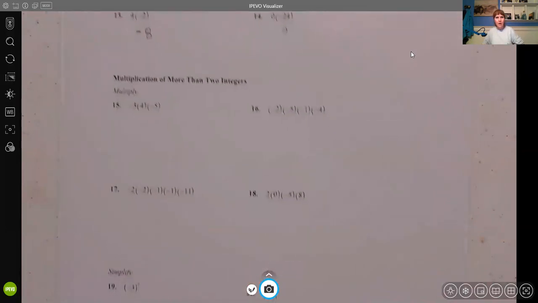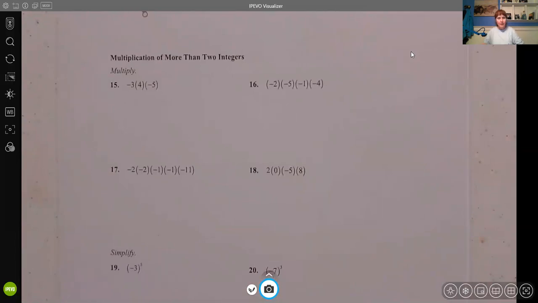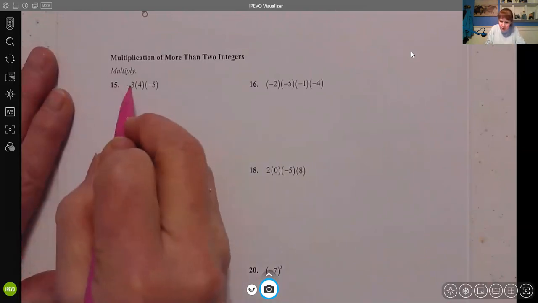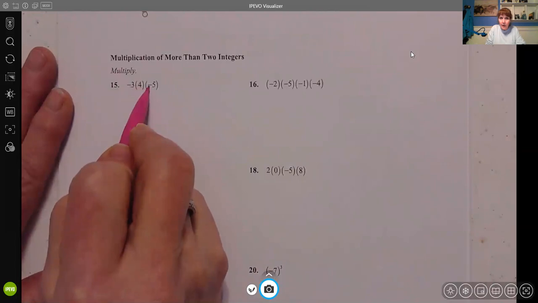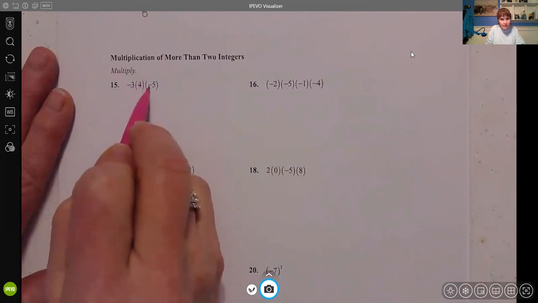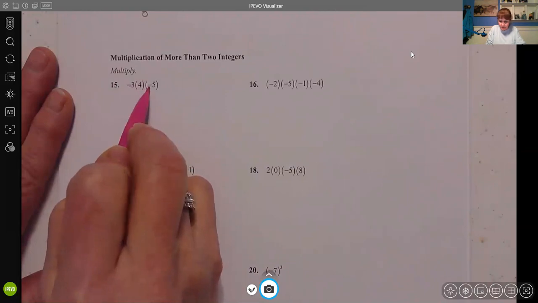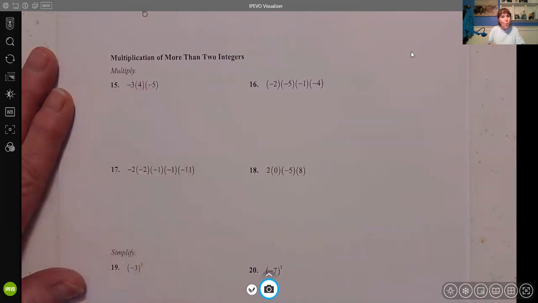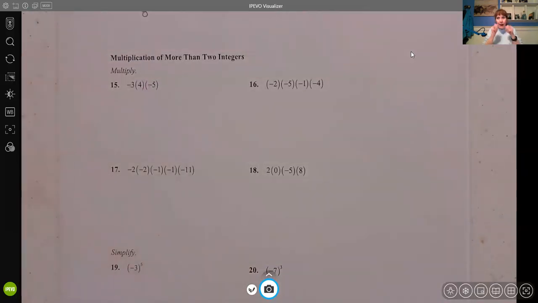Great, let's continue on. Here, I'm multiplying 3 numbers together. So go ahead and count your negatives. I've got 2 of them. 2 is even, so I know my answer will be positive, because if you have an even number of negatives, it'll be positive. Well, it does not matter the order you multiply these in.